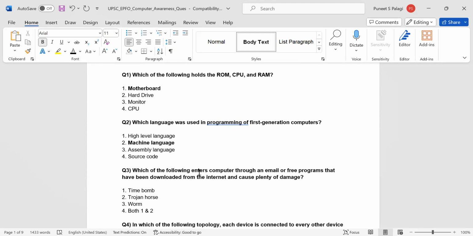So which of the following enters computer through an email or free programs that have been downloaded from the internet and cause plenty of damage? So sometimes you receive an email to click on the link or to open the link or to fill the application form or to download a particular file.